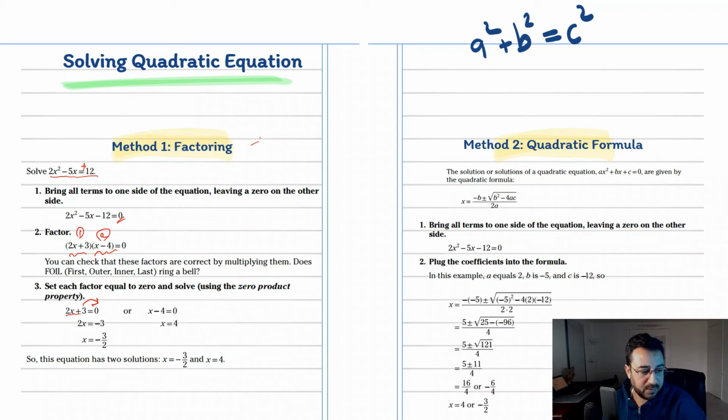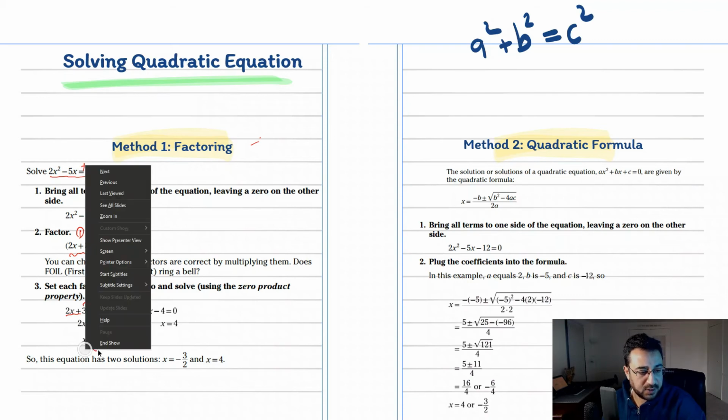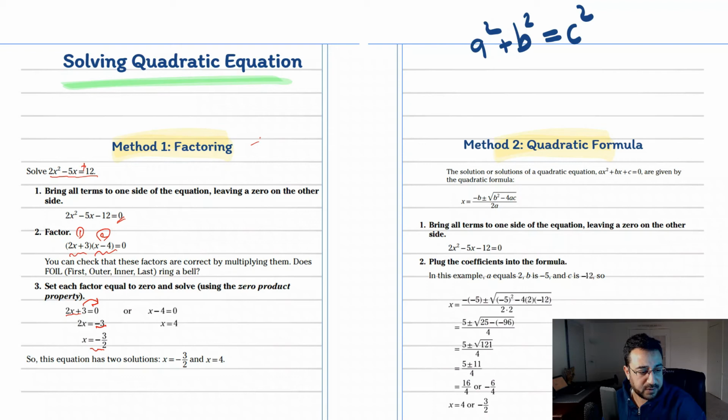You have 2x equals minus 3. We change the sign of the 3. In this way, the solution is x equals minus 3 over 2. Then you have the other factor, which is x minus 4. Move 4 to the other side of the equation and change the sign from minus 4 to plus 4. x equals 4.